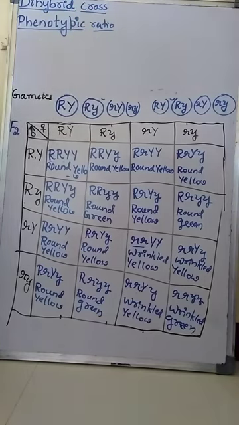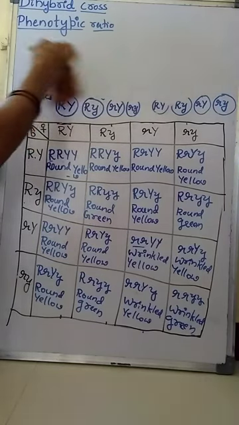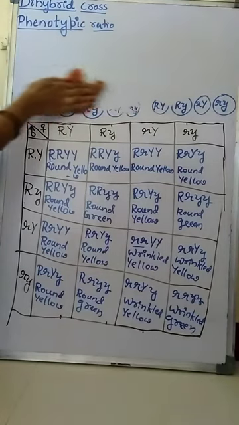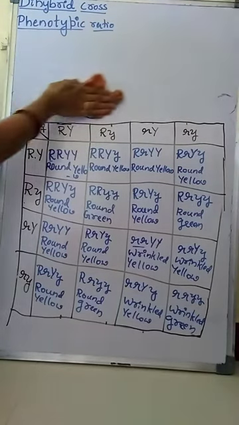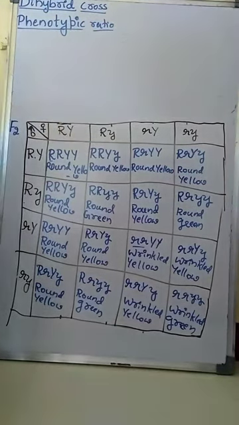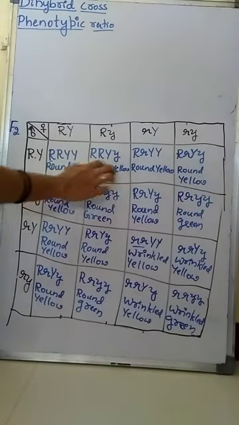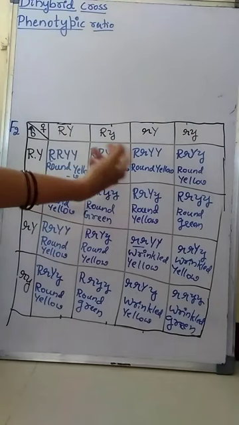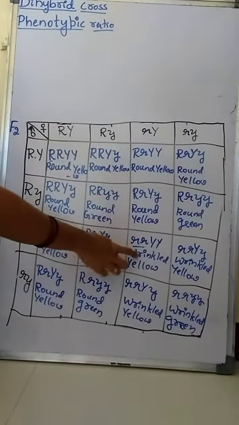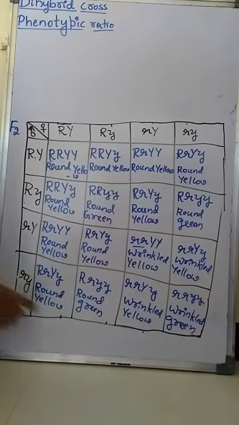External appearance. What are the types of characters we will see in this F2 generation? That is the phenotypic ratio. What are the different types of characters? See here, round yellow is one type of character, round green is another type, wrinkled yellow is one type, and wrinkled green is one more type.